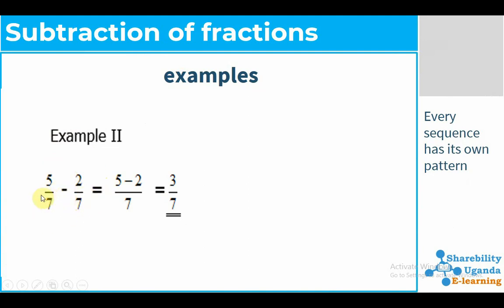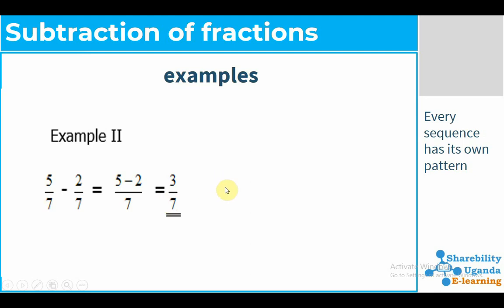You can see that they have the same denominators. So we take 7, which is the common denominator, then subtract the numbers. This is 5 minus 2 out of 7, and we get 3 out of 7.